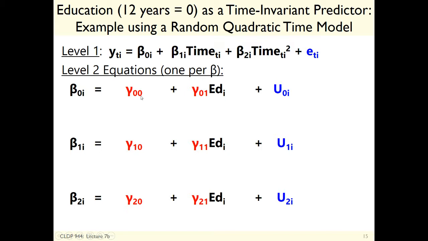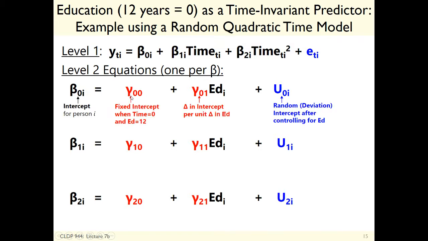So this gamma 0,0 right here, that's my expected outcome at time 0 for a high school graduate. Okay, from there, for every unit increase in education, gamma 01 gives me the change in the intercept.